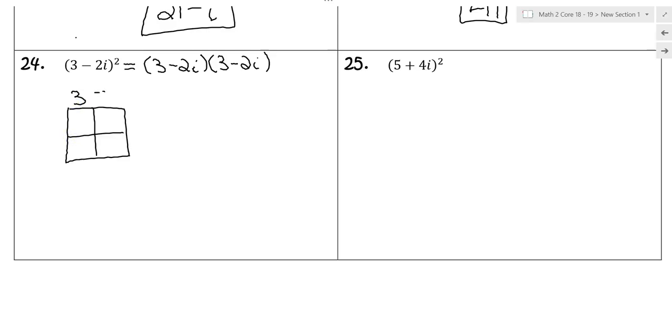So it's 3 and negative 2i, and 3 and negative 2i. 3 times 3 is 9. 3 times negative 2i is negative 6i. Negative 2i times 3 is negative 6i. Negative 2 times negative 2 is positive 4. i times i is i squared.